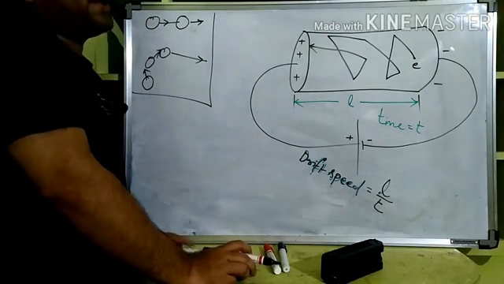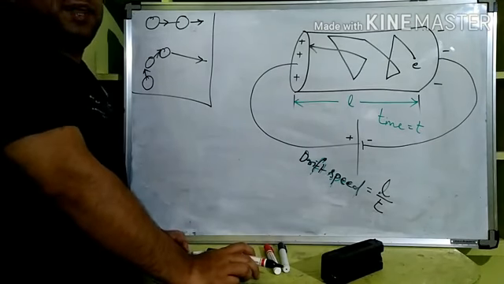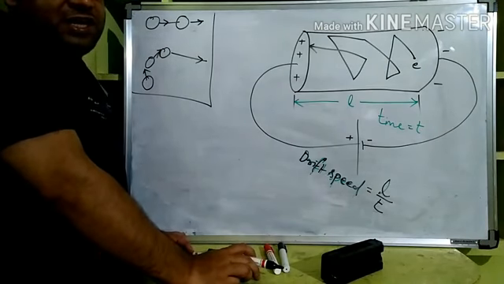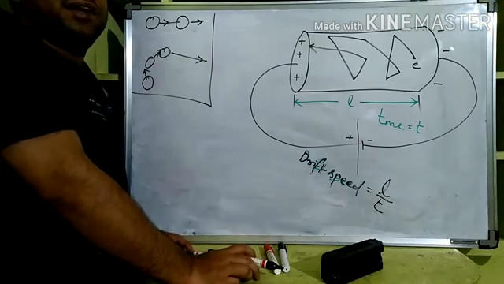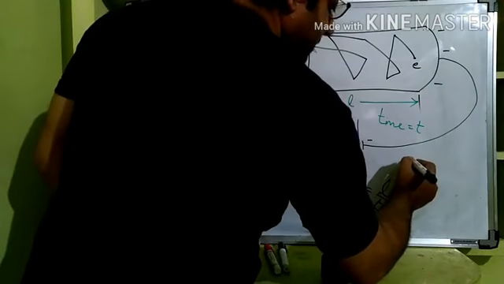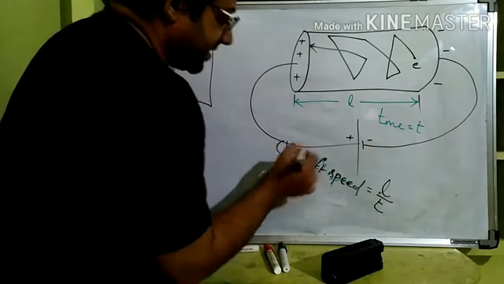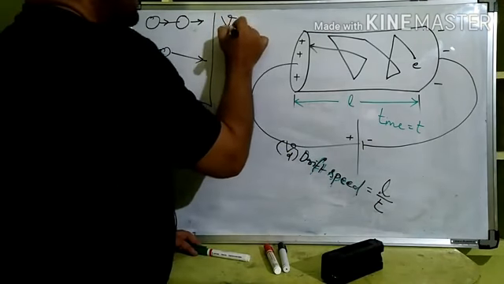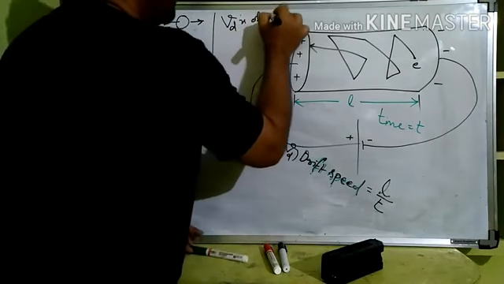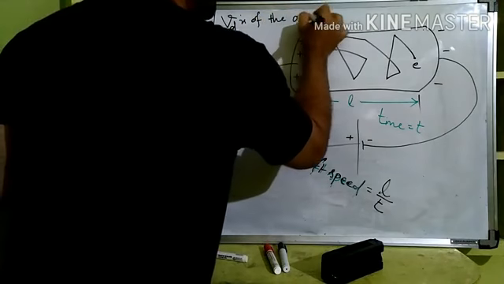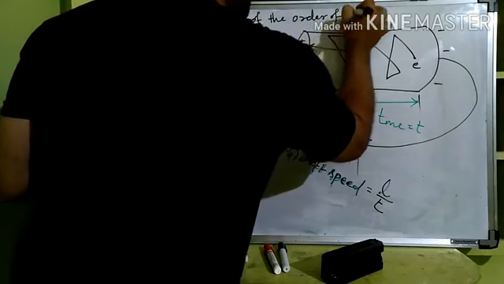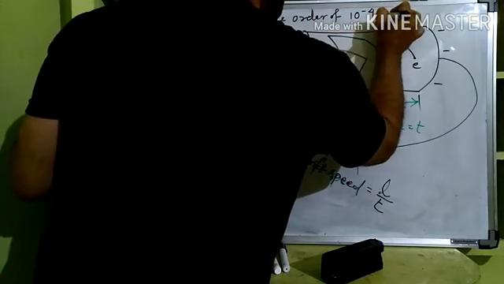And when the drift speed is calculated mathematically, it was seen that the drift speed is very slow in fact. The drift speed of the electron, let us give it a symbol Vd, is generally of the order of 10 to the power minus 4 meter per second.